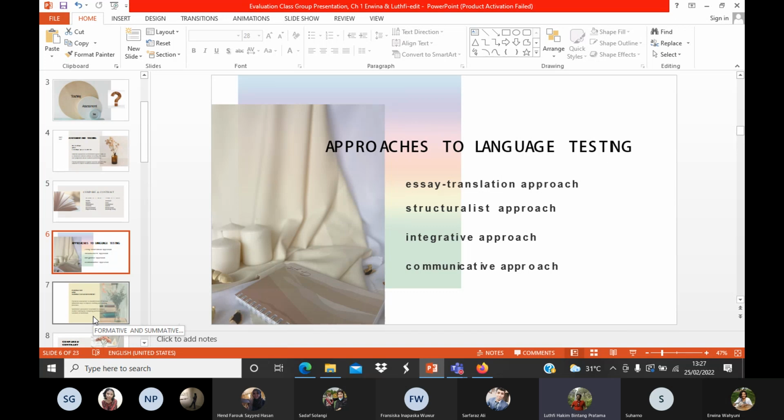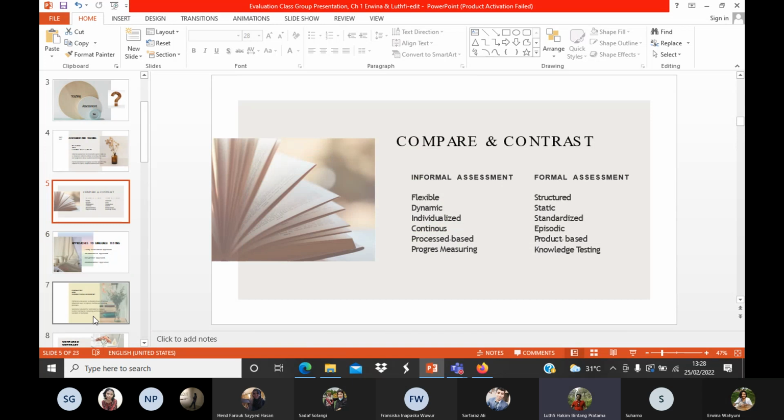If we compare and contrast the informal assessment and the formal assessment, the informal assessment is flexible, dynamic, individualized, continuous, process-based, and progress measuring. And the formal assessment is more structured, static, standardized, episodic, product-based, and knowledge testing.